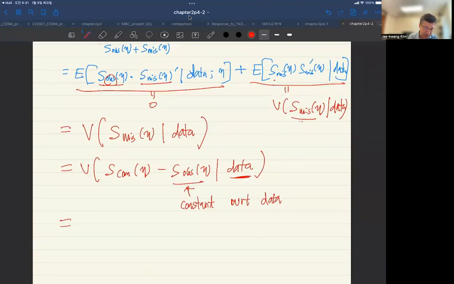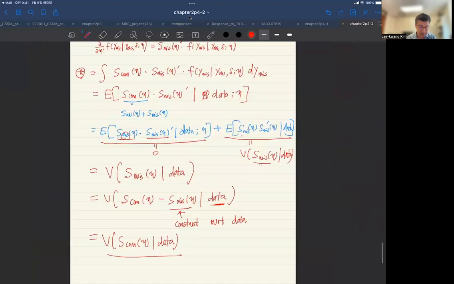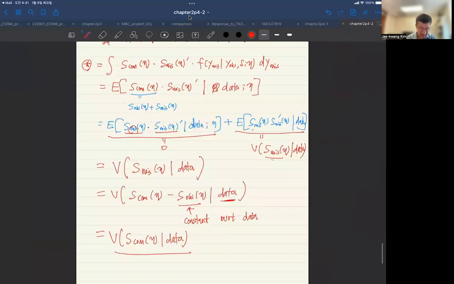So that means you can even write it as the conditional variance of S com eta given data. Okay, that is this guy.